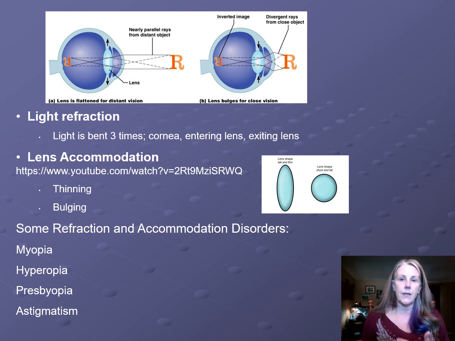Okay, so that's what we have when we have an astigmatism. Now, these can be corrected with corrective lenses. All right, so probably some of you have maybe myopia or hyperopia or maybe even astigmatism, and those are usually corrected with some corrective lenses.